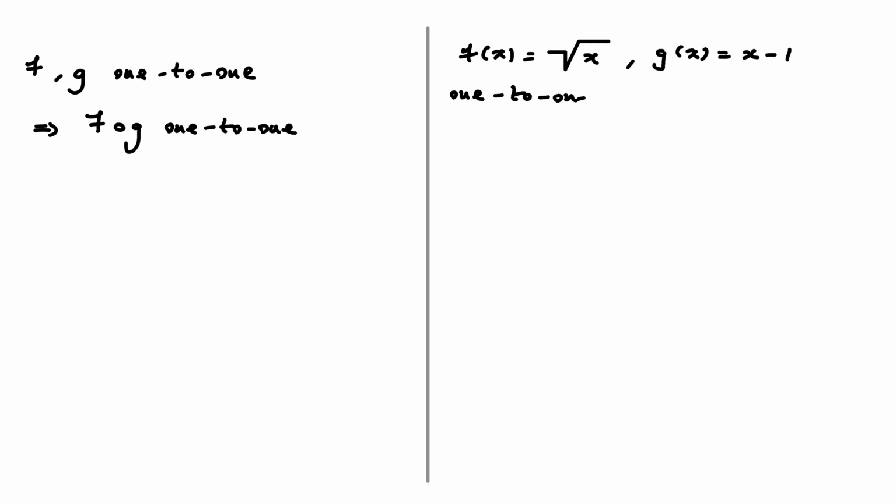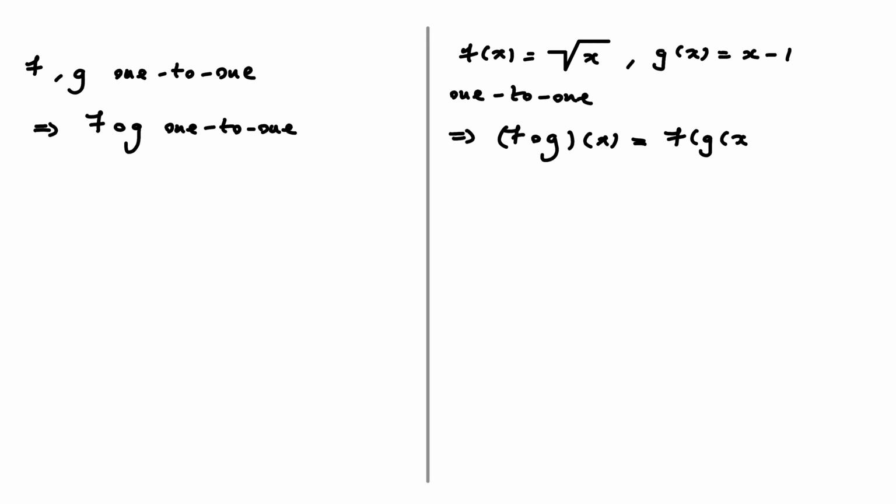If you were to graph them, it would be pretty obvious by the horizontal line test, something that you'll experience doing in the constant and linear polynomials video and the power function video, sorry. So this is one-to-one. This would imply that the composite is one-to-one. So let's write down the composite.